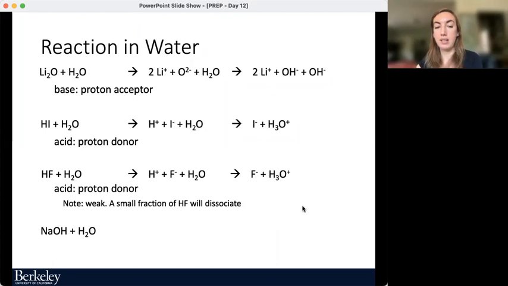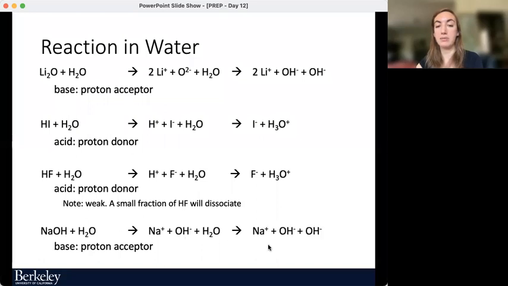The last example is NaOH, which is a base, a proton acceptor. I'm going to split it up into my Na+ and my OH-. I'm just going to move 1 hydrogen from my H2O to my OH minus.